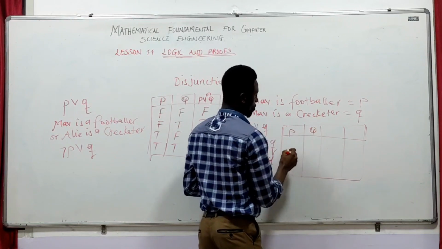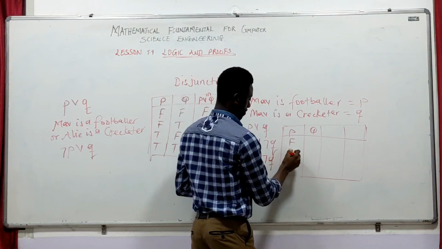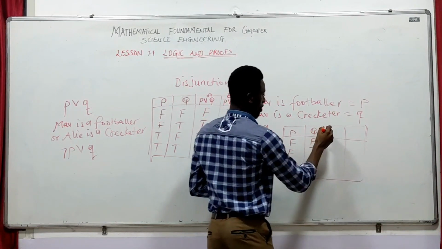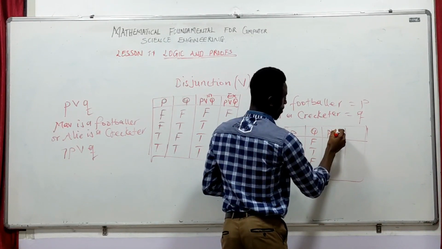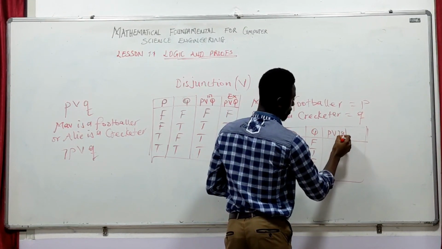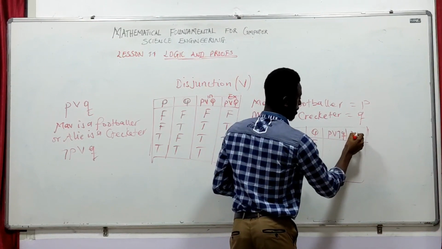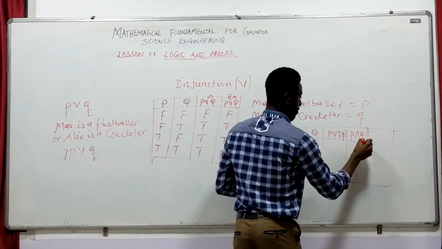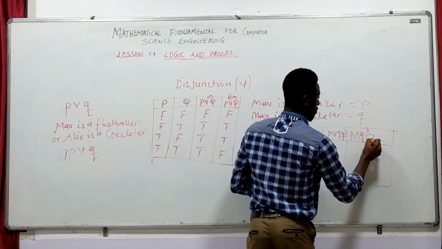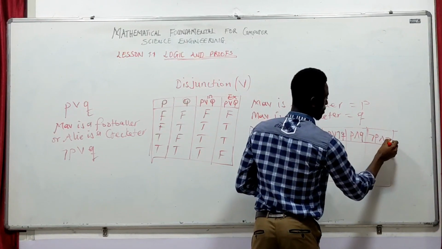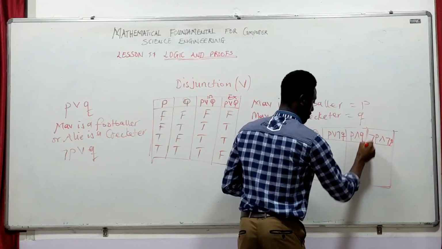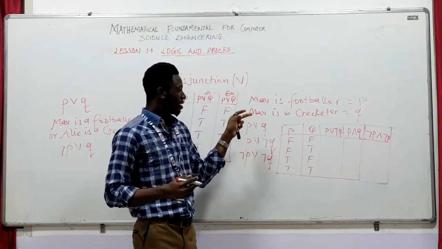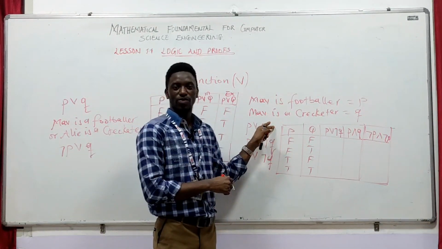P, Q, P or not Q, P and Q, not P and not Q. You can try this one as an assignment. Post your answer on the comment section below.